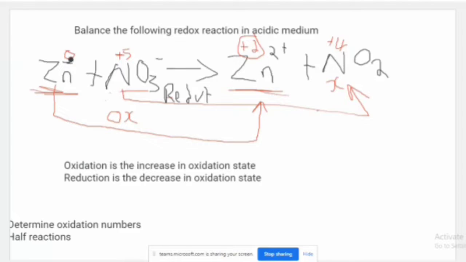So there's an increase in oxidation state of zinc here. So this is oxidation. Zinc is undergoing oxidation, while nitrogen is undergoing reduction because there's a decrease in the oxidation state of nitrogen from +5 to +4 here. So this is going to be the oxidation half equation. I'll write it. Then this is going to be the reduction half equation.